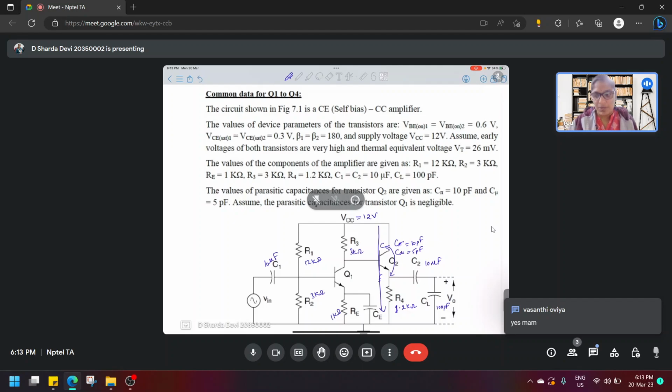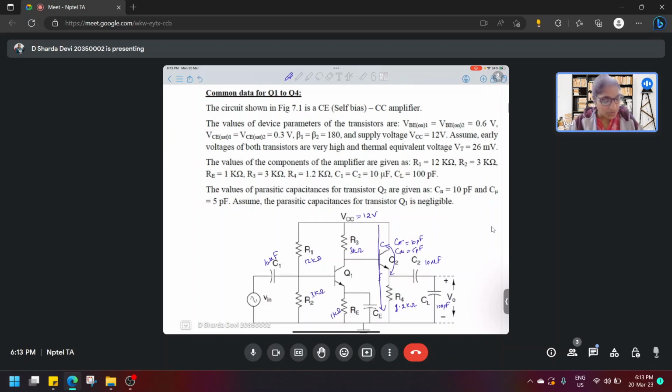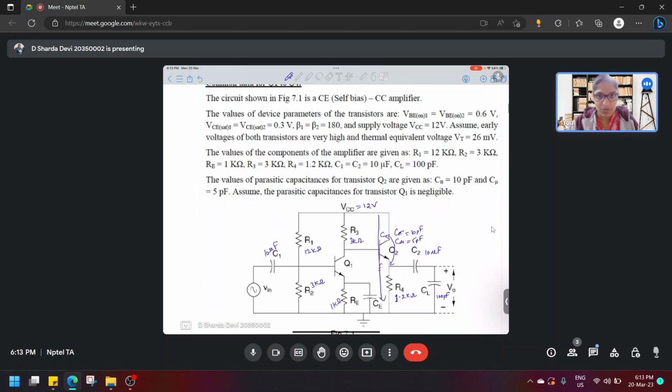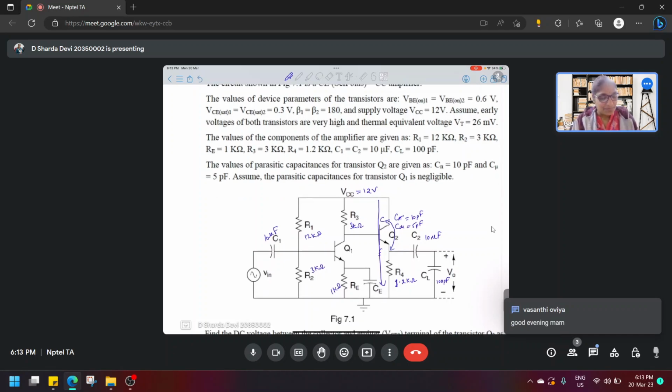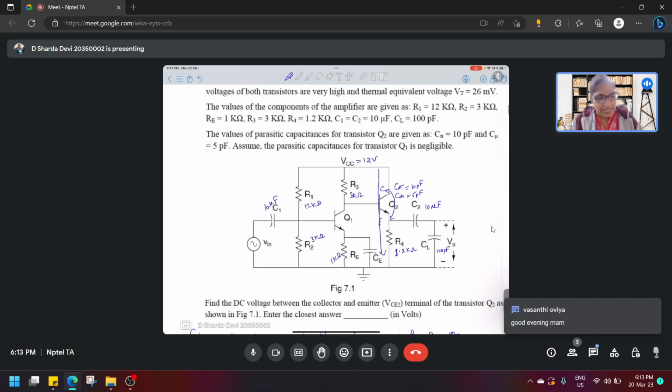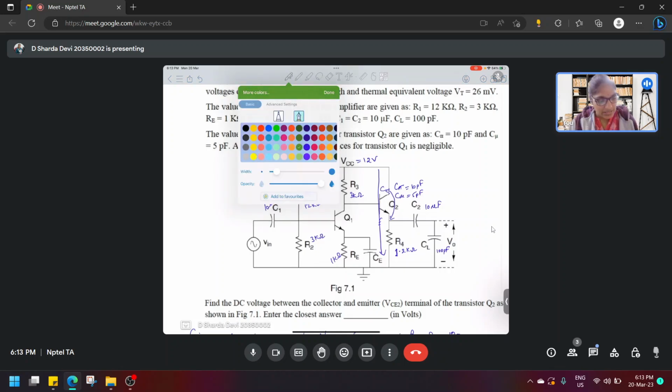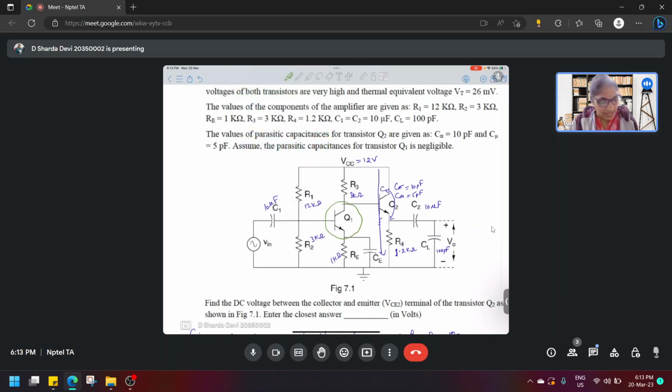So today we will be solving the problems based on multi-stage amplifiers for both BJTs as well as MOSFETs, okay? So this first problem is a BJT based problem where we have a CE-CC amplifier. So this first stage is CE stage, whereas the second stage is a CC stage, right?